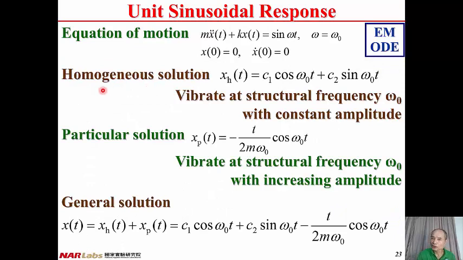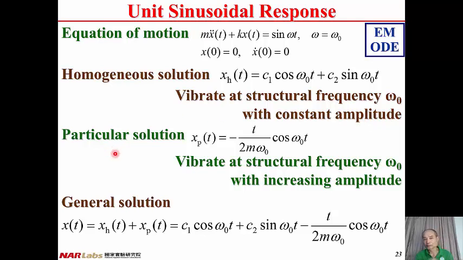From the homogeneous solution, xh equal to c1 cosine omega 0t plus c2 sine omega 0t. Therefore, for this part of the displacement, it vibrates at the structural frequency omega 0. Since c1 and c2 are constant, the amplitude of the vibration is also constant.